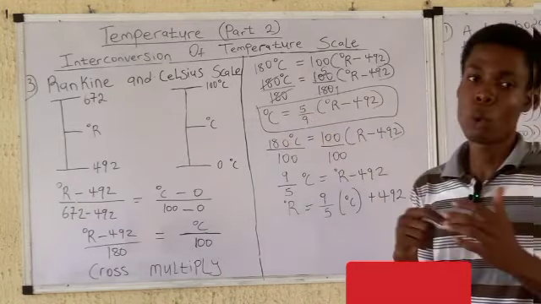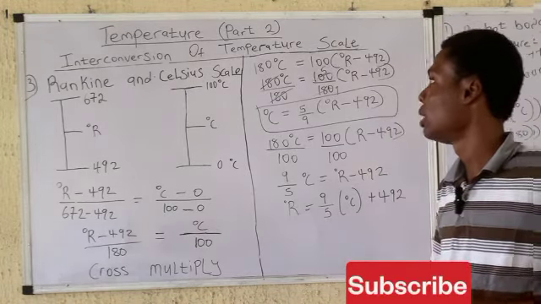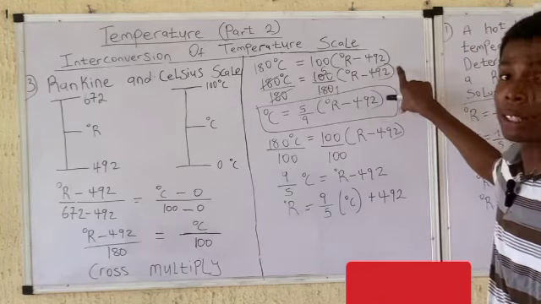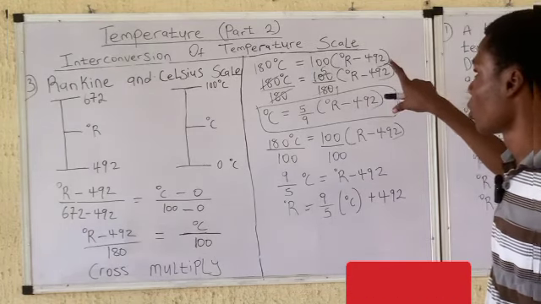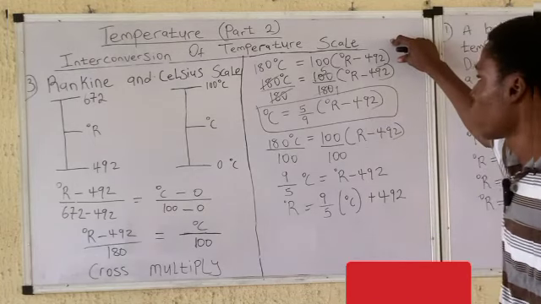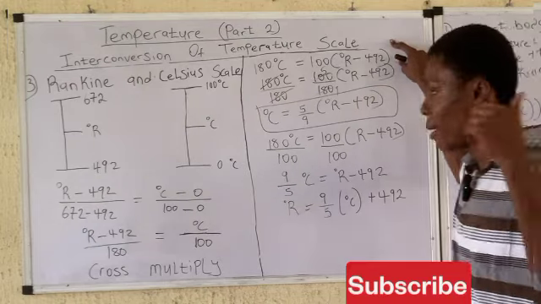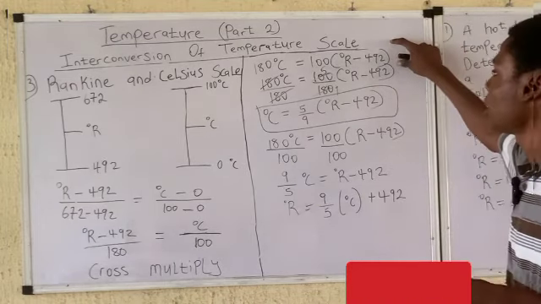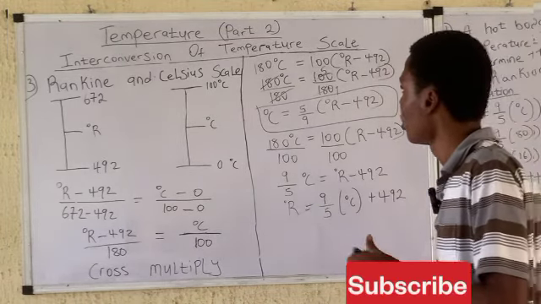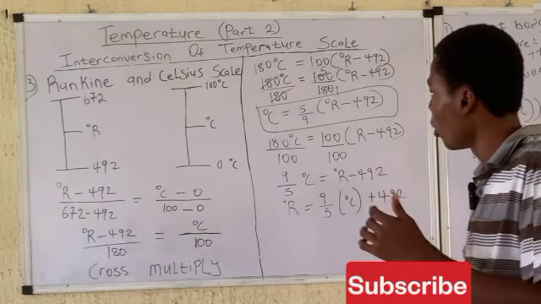So, any question you see, they ask you convert from Rankine to degrees Celsius, this is the formula that we use. Now, from this equation still, we can also derive our formula from degrees Celsius back to Rankine. So from this equation, we say we divide by 100.